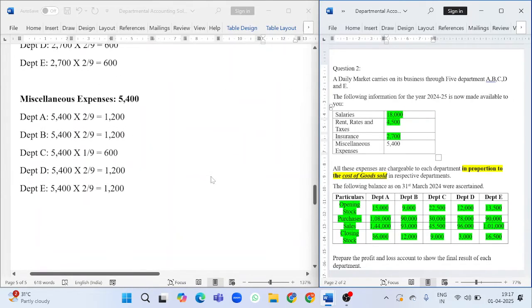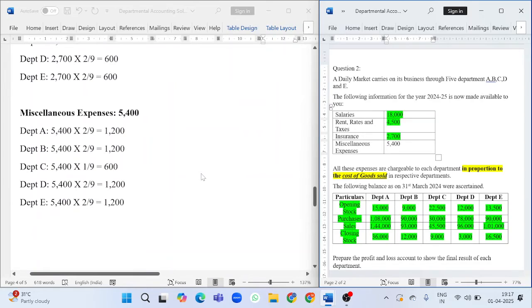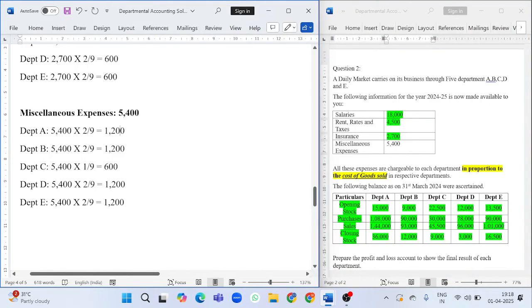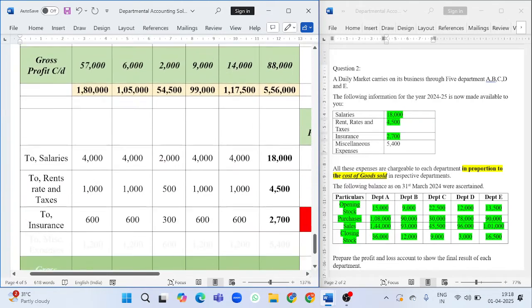The last expense. So which is the last expense? It is miscellaneous expenses. The total miscellaneous expenses is 5,400, but we have divided it in the proportion of COGS. So we have got this divided expense. For departments A, B, D and E it is 1,200, and for department C it is 600 rupees.